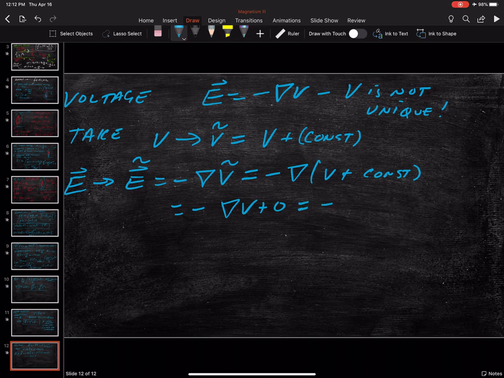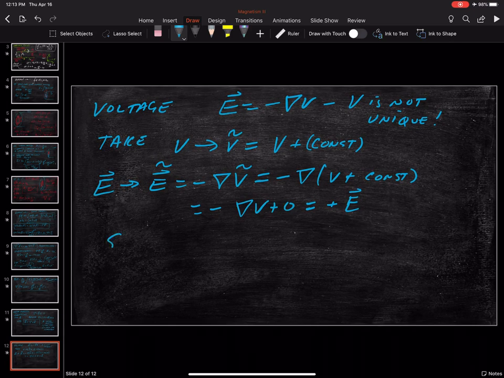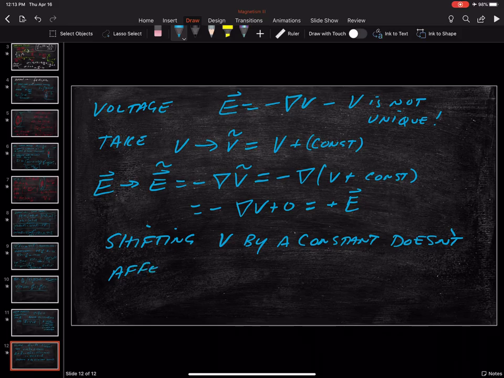And so this is equal to plus E. So in other words, shifting V by a constant doesn't affect E. We say that the electric field is invariant under this shifting constant. And this means we can choose the constant however we like.